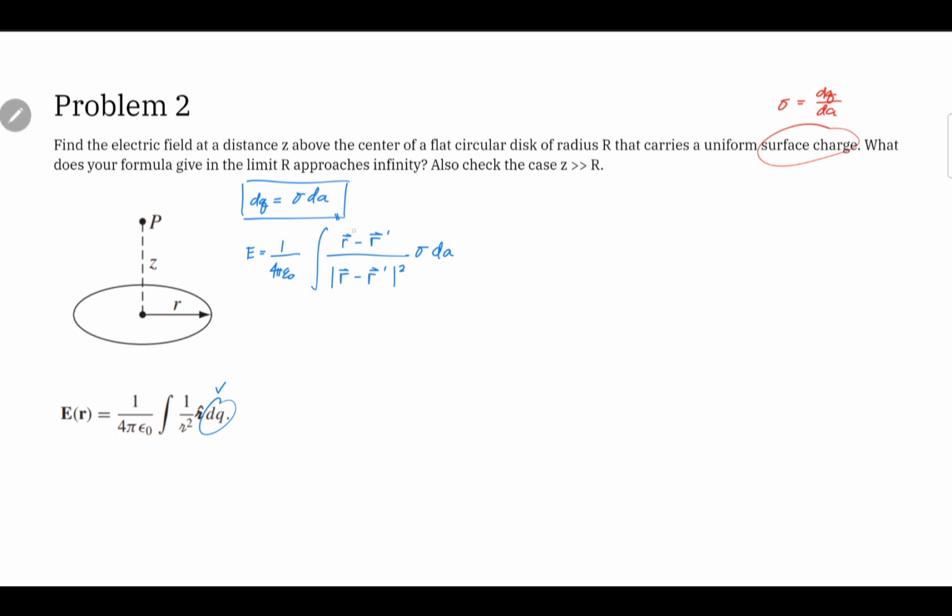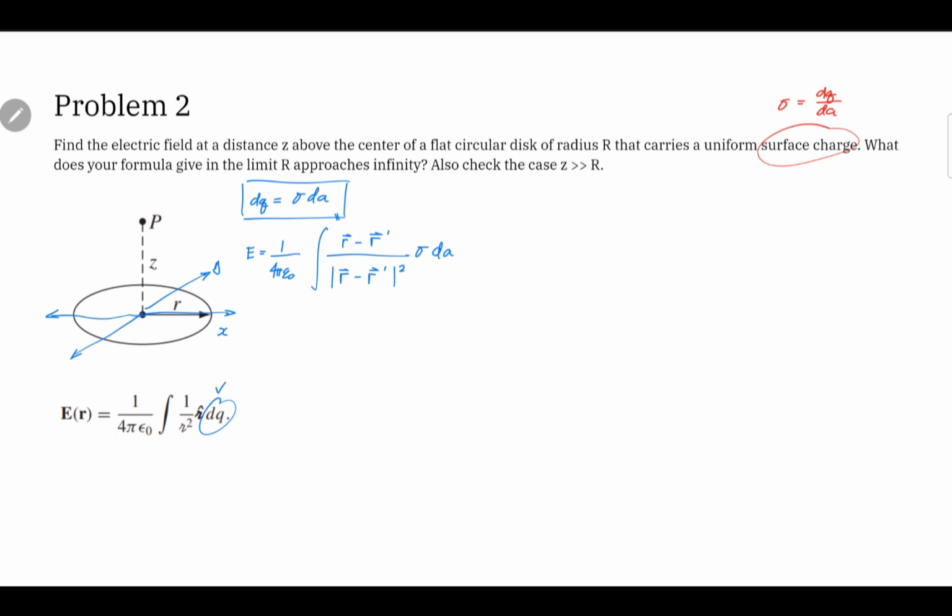How do we look for our vector r and our vector r prime? We're going to visualize that our circular disk here on our figure on the left is lying along the xy plane, right? Let's start with our vector r.